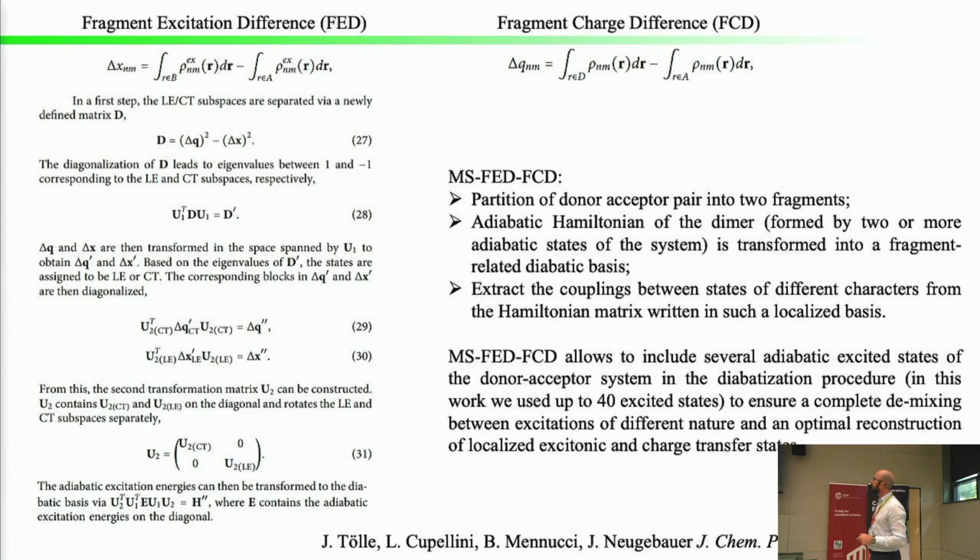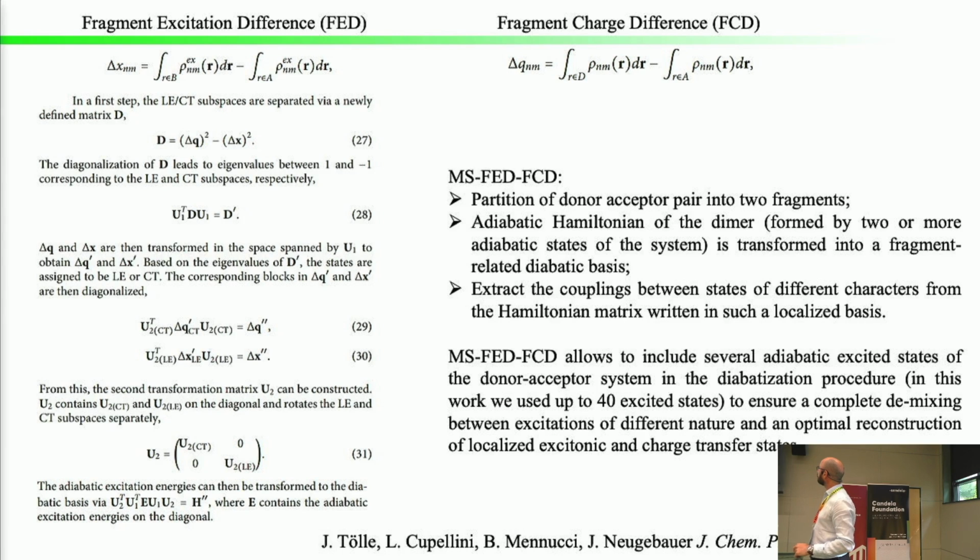It sounds complicated, but essentially it merges together the fragment excitation difference method and the fragment charge difference method, and it considers different matrices that are put together to generate a new matrix, which is diagonalized. Then at the end of a series of additional diagonalizations, you have the adiabatic terms on the diagonal of this matrix for the charge transfer and the local excitation, and this is then diabatized. So what we consider is the diabatic coupling starting from the adiabatic picture.